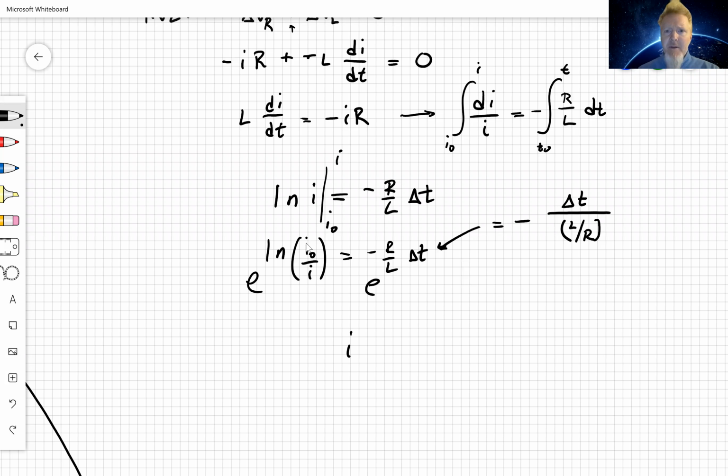Something funny's happening here. I naught is larger than I, and that goes over there. I messed something up here. I naught over I. Do I want that? Oh yeah, I've totally messed that up. Why am I doing that? I've got to integrate. Something's funny here. Yeah, because you're writing the limits the wrong way around.